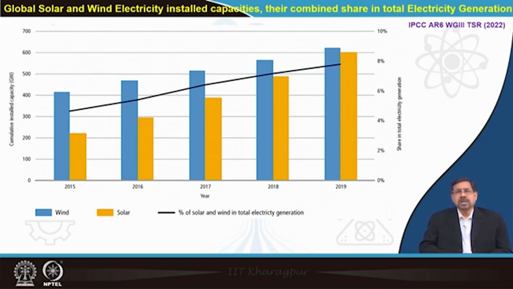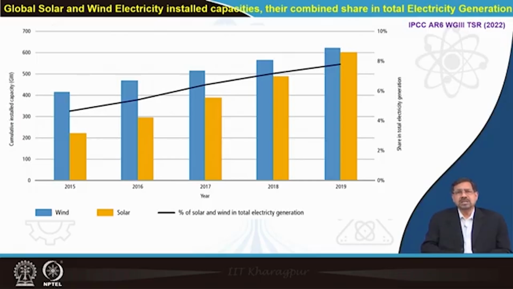If you see the share by 2019, more than 16% was coming from solar and wind as far as electricity installation capability is concerned.